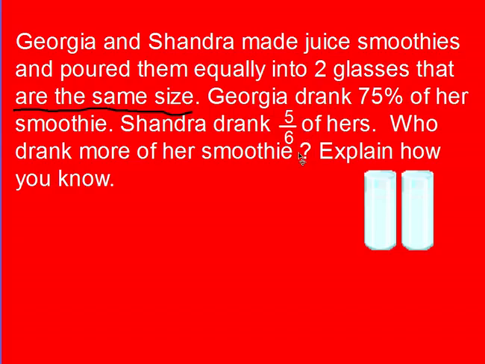Sandria drank 5/6 of her smoothie. Who drank more of their smoothie and explain why? Well, I want you to go back to what you already know. And what you already know is it's really hard to deal with a fraction and a percent. So you need to change either one of these to a fraction. You can either change this to a fraction or you can change this to a percent, but you'll have to be dealing with the same amount. That should be your first step, and then continue on who drank more.